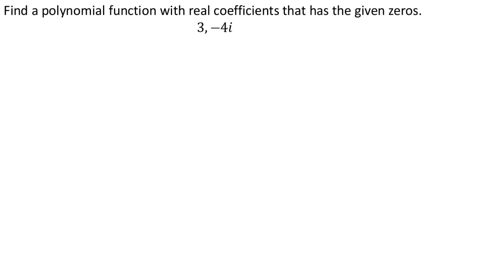Find a polynomial function with real coefficients that has the given zeros. So now we want to work backwards. What they're giving us now are the zeros, and we want to find the polynomial. To do this, I'm going to use the linear factorization theorem. The linear factorization theorem says that if I have all the factors of a polynomial and I multiply them all together, that's going to give me back the polynomial.